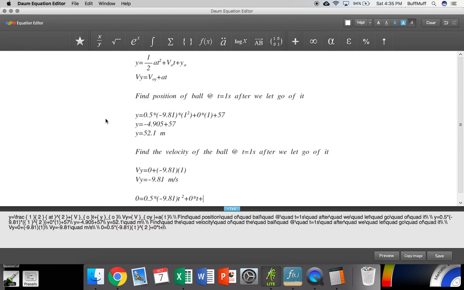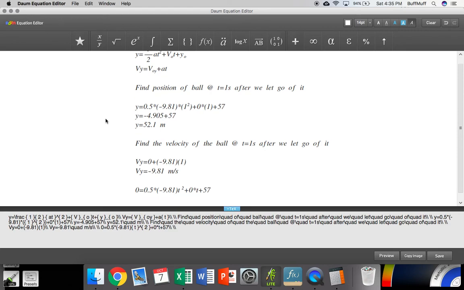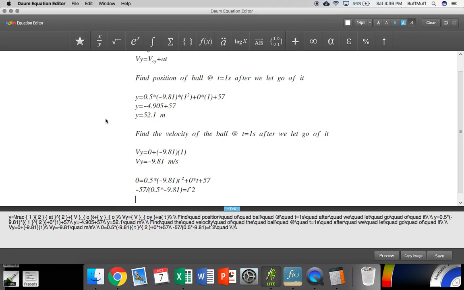So here my initial position is 57, okay? So we pass everything to the left. We have negative 57 divided by 0.5 times negative 9.81, and all of this is equal to t squared. And that means that t is equal to 3.41 seconds.